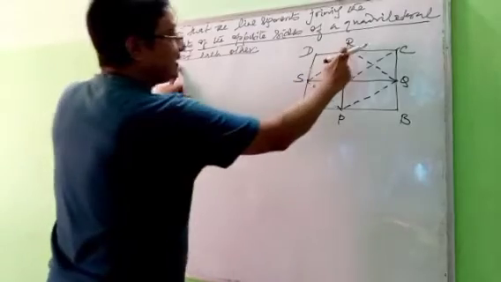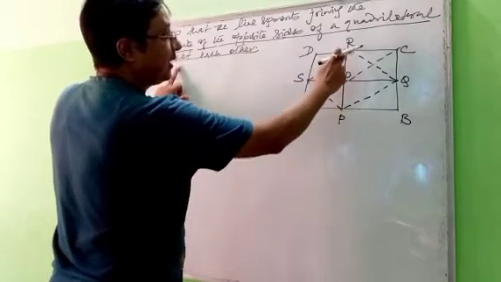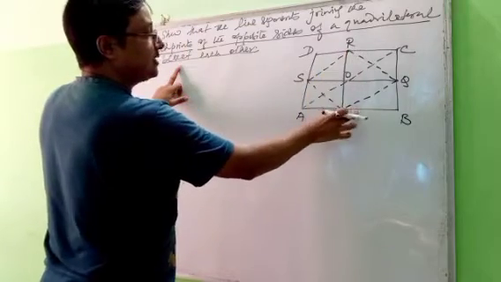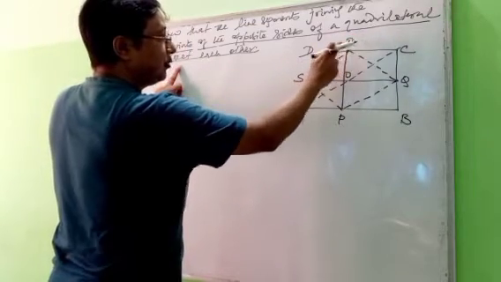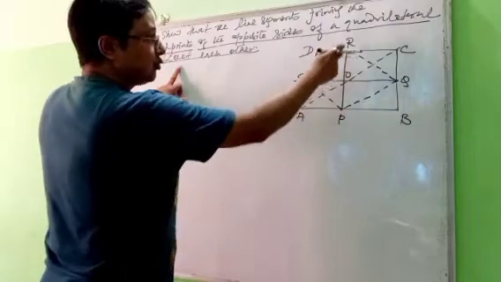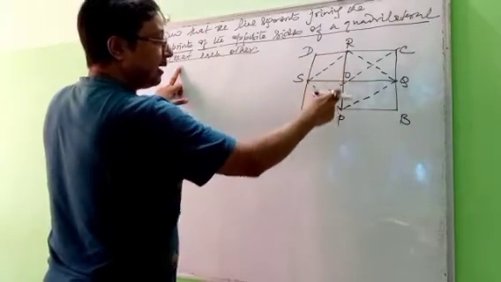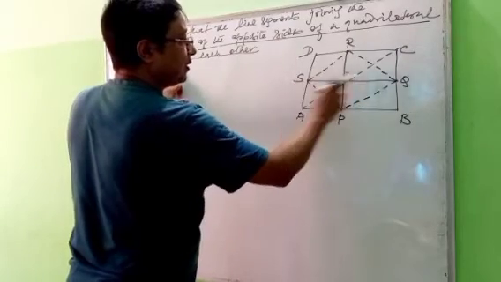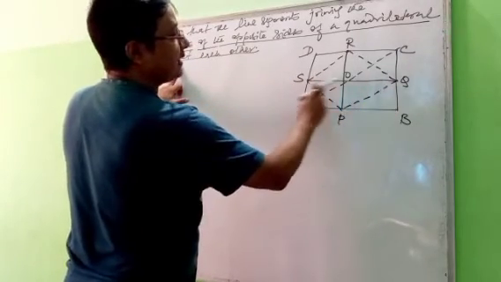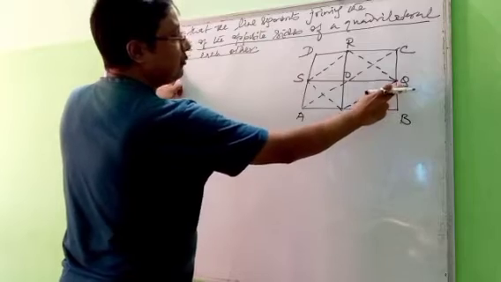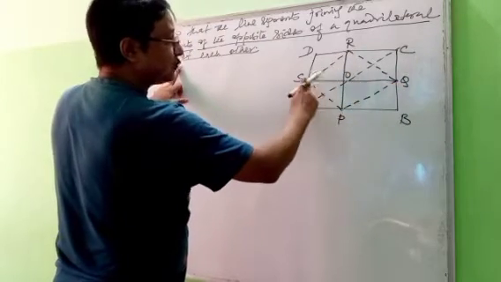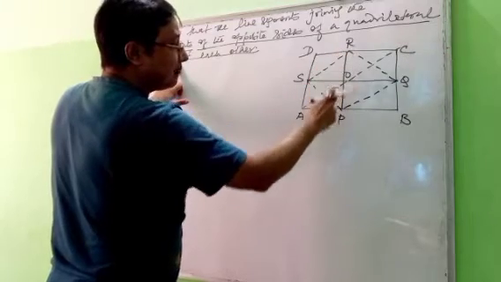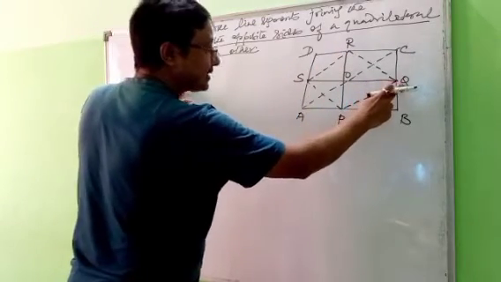These are the two opposite sides where you got R and P as midpoints. You have joined them to get the segment PR, and by joining the two midpoints from the other opposite sides, you got the segment SQ. Now they say that these two segments should bisect each other. That means O must be the midpoint of RP and SQ.